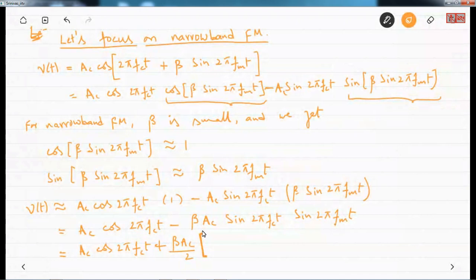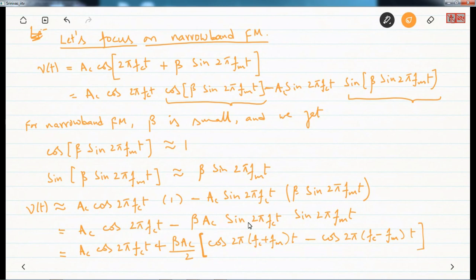So beta AC by 2 cos 2 pi (FC plus FM)t minus cos 2 pi (FC minus FM)t. You can verify this.